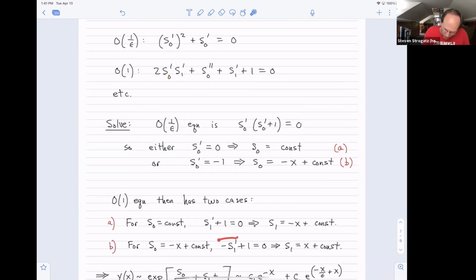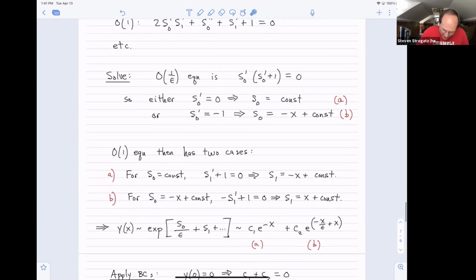That makes a -1 times S1 prime. Then plus this 1 equals 0. So solving that gives me S1 is +x plus a constant. Remember, this is now at the next order. This is the S1 equation.